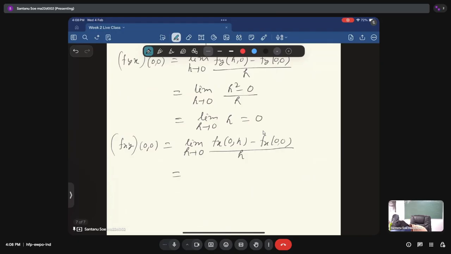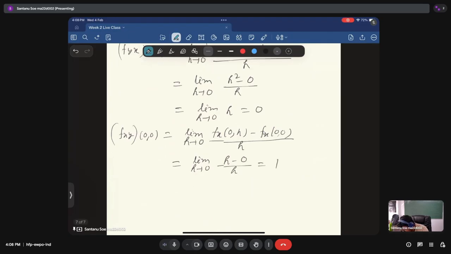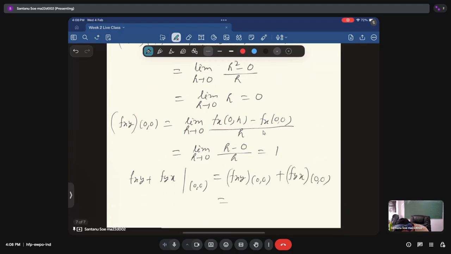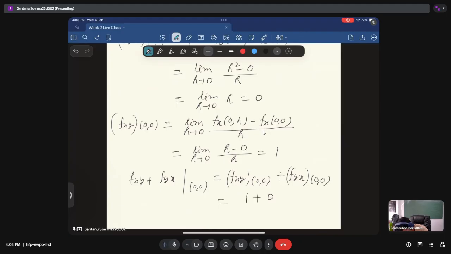So this will be limit h tends to 0 of h minus 0 divided by h, which is 1. Okay. So now fxy plus fyx at the point (0, 0) is nothing but fxy at (0, 0) plus fyx at (0, 0). So fxy at (0, 0) is 1 and fyx at (0, 0) is 0. So the answer is 1.